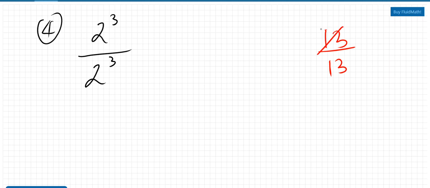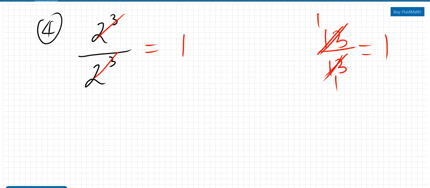So 13 divided by 13 is 1. 13 divided by 13 is 1. So the trick is you just cancel out the same thing on top and bottom and you're left with 1. So with number 4, without even knowing the index laws, you can just say, okay, I've got the exact same thing on top and bottom. So I'll cancel it out and the whole thing will just be 1. And that's one way of doing it, and that's correct.